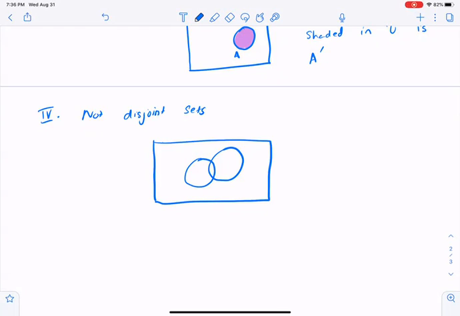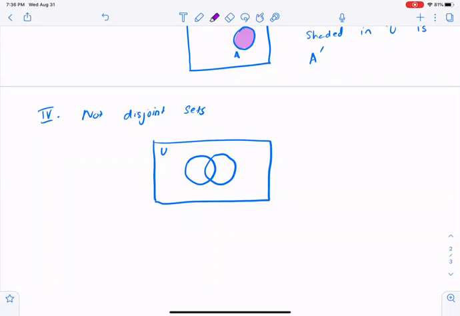Conventionally, Venn diagrams use circles and squares, but the purpose of a Venn diagram is to illustrate sets. So as far as I'm concerned, I go ahead and draw whatever shape I can think of, and not necessarily circles. But circle is what people would always use when it comes to Venn diagrams.